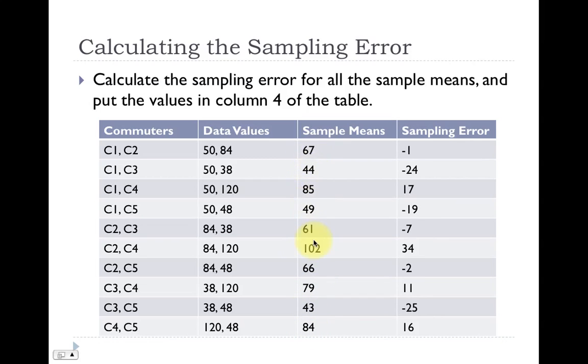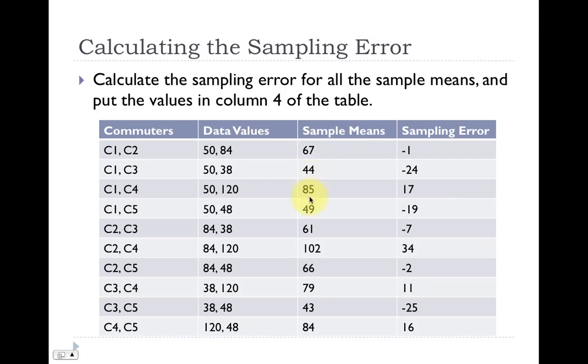This collection of numbers is called the sampling distribution of the means. We calculated the sampling error by simply taking the sample mean and subtracting the population mean.